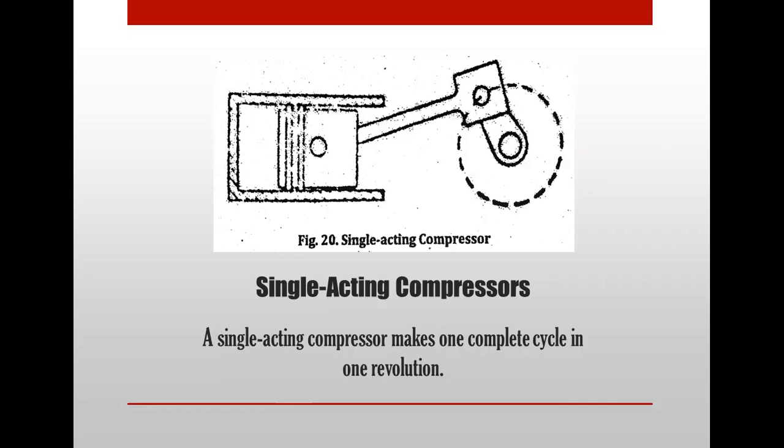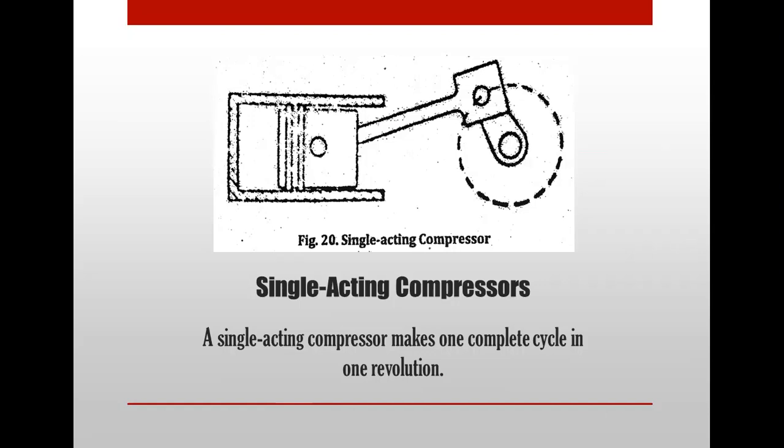With the single-acting compressor, the whole compression process is carried out in only one step. It consists of an intake valve and an exhaust valve, the cylinder, the valves, and the piston. At the end of the delivery stroke, a certain amount of high pressure air remains in the clearance area.